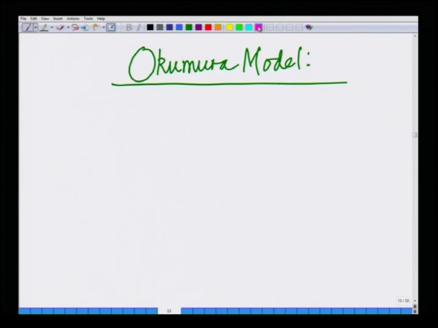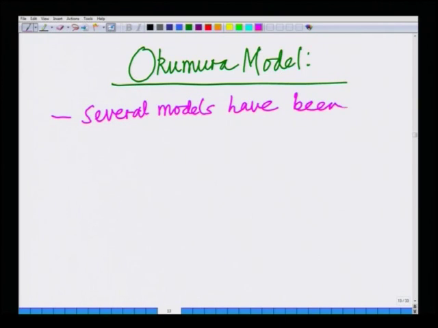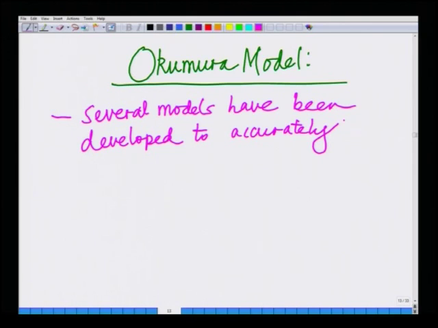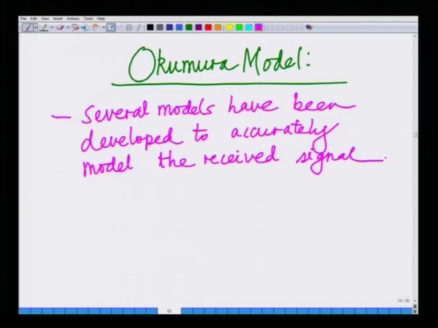Let me reiterate the point: several models have been developed to accurately model the received signal strength in practical wireless scenarios.